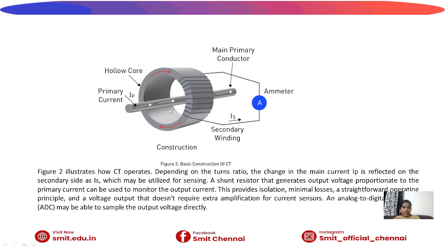Here IP is the primary current. This is reflected to the secondary winding, which may be utilized for sensing with a shunt resistor that generates an output voltage proportionate to the primary current. This current transformer provides isolation, minimal losses, a straightforward operating principle, and a voltage output.